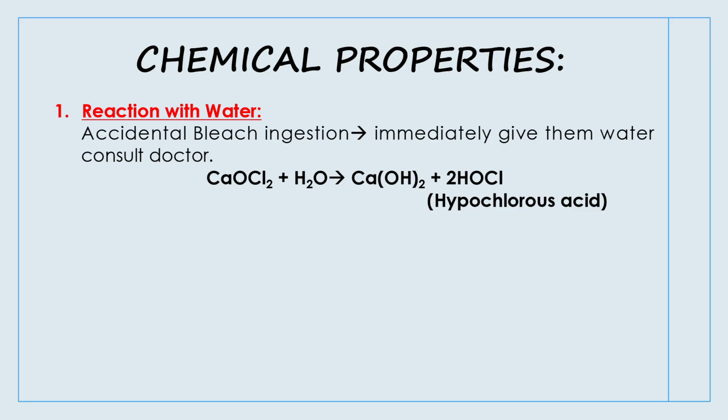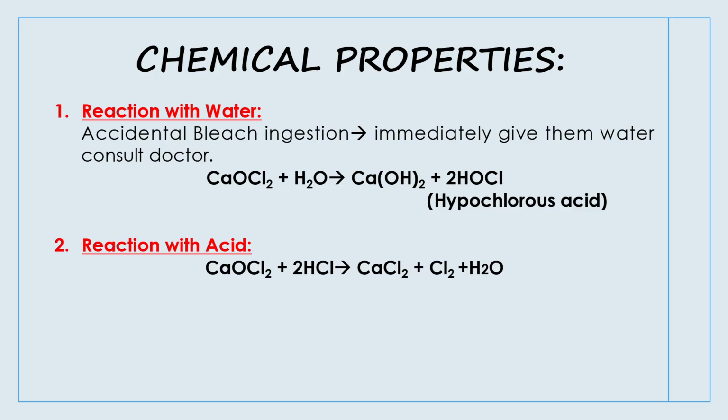The next reaction that we have in our course is the reaction of the bleaching powder with acids. Bleaching powder reacts with hydrochloric acid to form calcium chloride, chlorine gas and water. Now how will you get this question in your board examination? You may either get it in the short question answers for inorganic chemistry or in the descriptive questions.